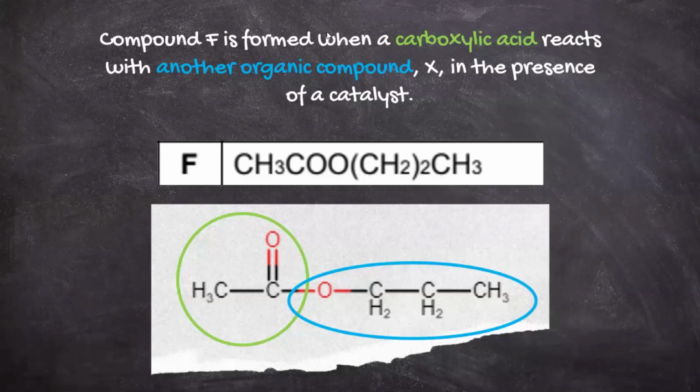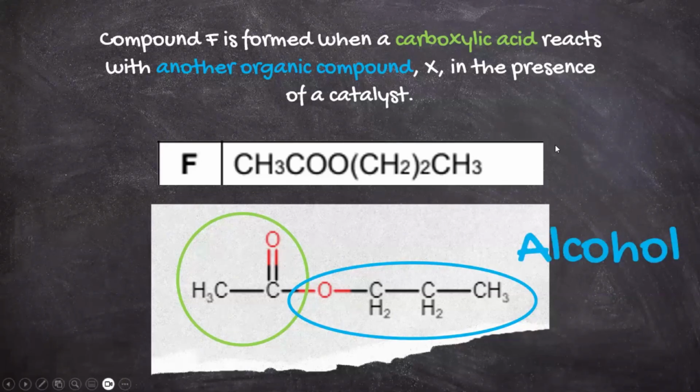Yes, very good. This would be propyl ethanoate. Good. So now let's answer some questions about propyl ethanoate. Okay. So I've told you also here that this is the alcohol chain, so this mystery organic compound X is an alcohol.